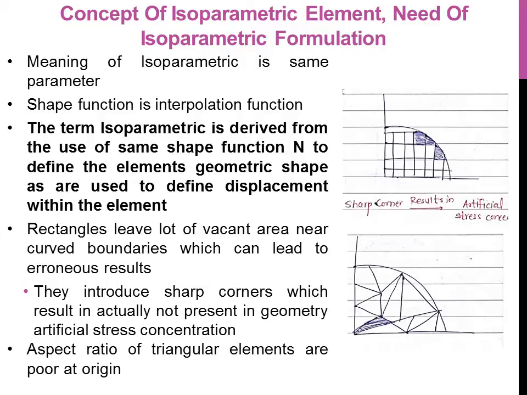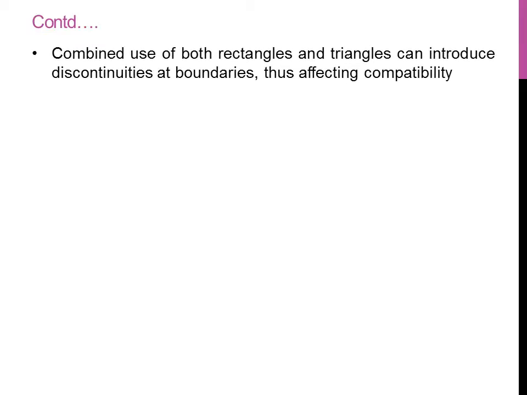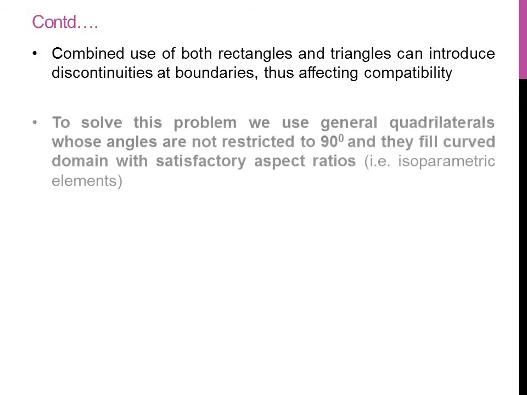If you are using triangular elements to discretize any continuum, then the aspect ratio of the triangular elements is poor at the origin. When the aspect ratio is low, the accuracy of the result increases, and when the aspect ratio is poor, that is higher, the results contain errors. Combined use of both rectangles and triangles can introduce discontinuities at boundaries, thus affecting compatibility.